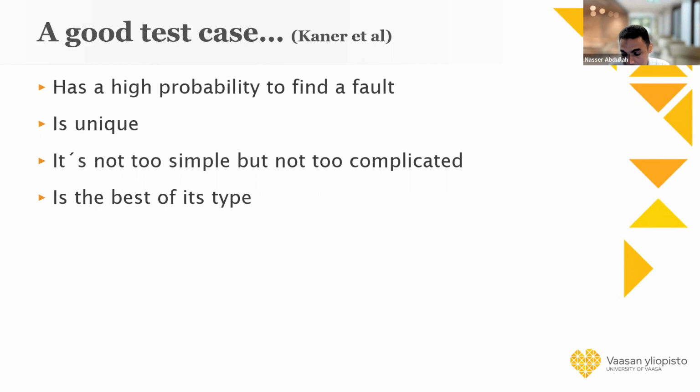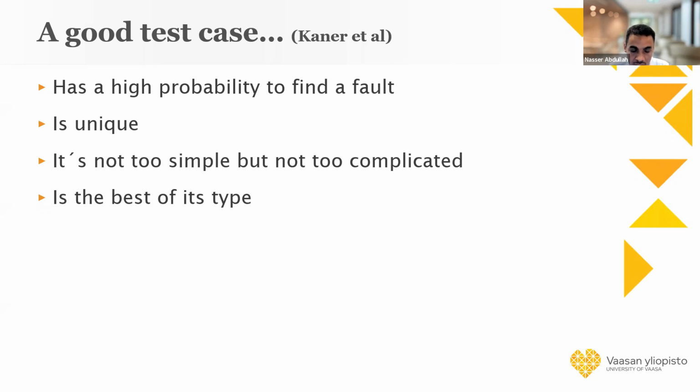When we talk about test cases, they should have a high chance to detect the error, to find the error. That's why we have different types of methods, and sometimes we apply all, sometimes we apply the best one.